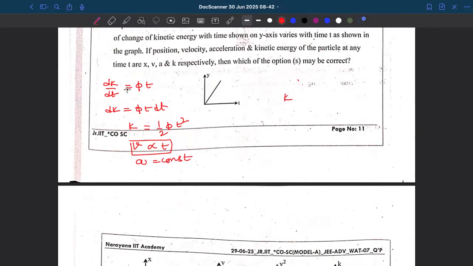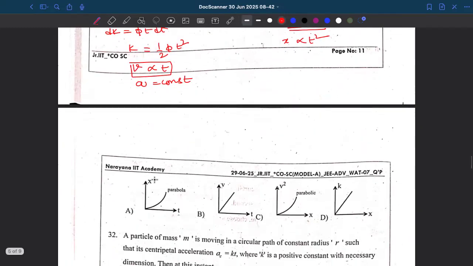Kinetic energy, as you said, is proportional to t square. Velocity proportional to t means x is proportional to t square, because starting from rest, s is equal to half a t square. So therefore, what are the graphs? Obviously, this is correct.